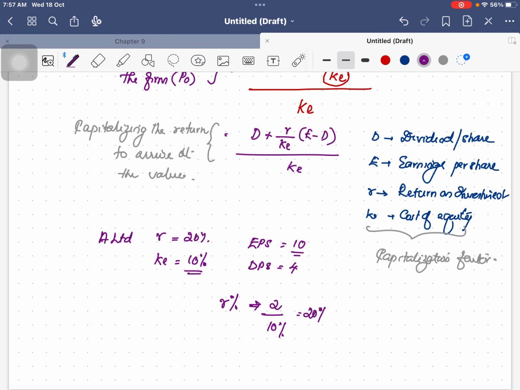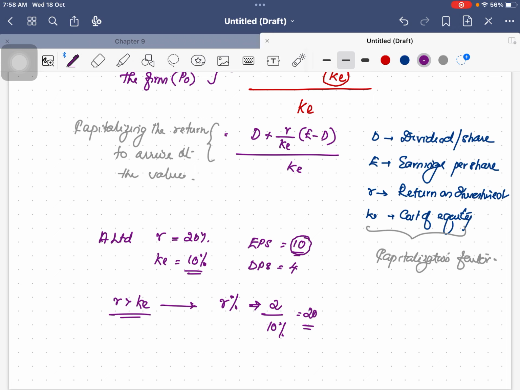So just see, when R is greater than K, the capitalized value of the return that you are getting by reinvesting your profits is more than the value of your capital. How much have you reinvested? You have reinvested only 10 rupees.